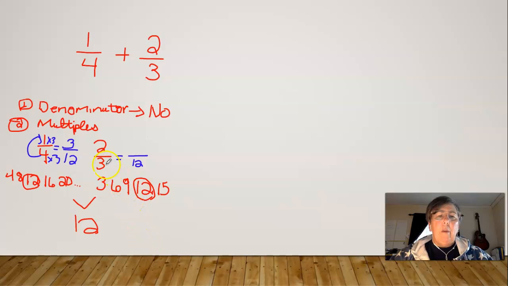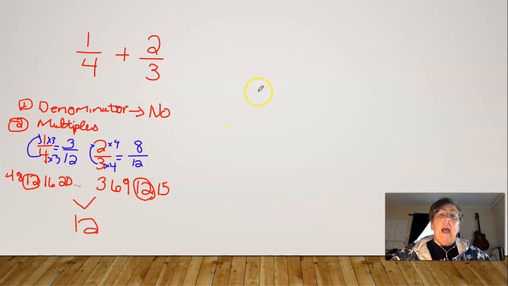Now I'm going to come over here and do the same thing. 3 times what gives us 12? 3 times 4 gives us 12. Whatever I do to the bottom, I've got to do to the top. So 2 times 4 is going to give us 8.